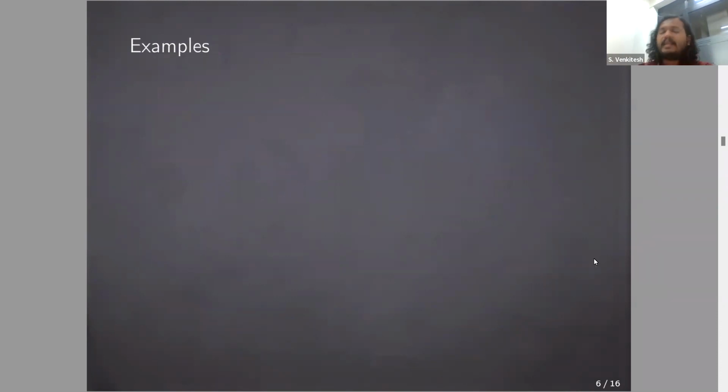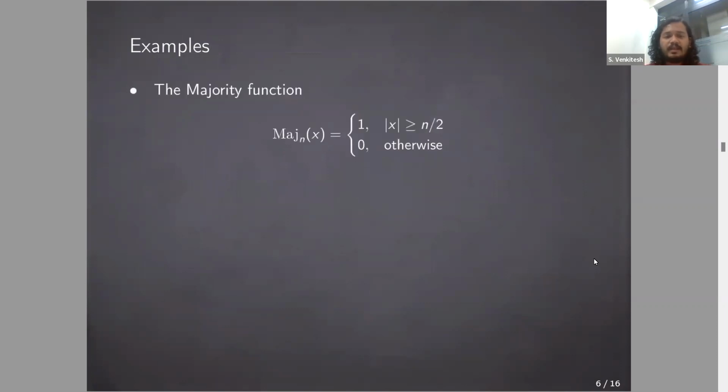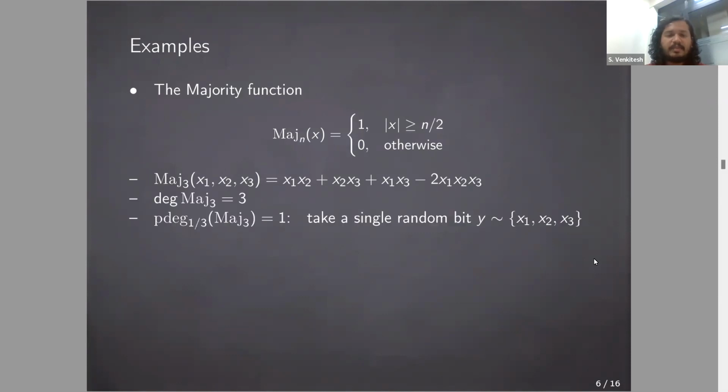Right. So once again, let's look at a few examples. Going back to the majority function, which outputs 1 when the Hamming weight is at least n by 2 and 0 otherwise. The exact polynomial has degree 3 in case of 3 inputs. But for majority over 3 inputs, if you fix the error parameter to be 1 by 3, then the probabilistic degree is just 1, the smallest possible degree.